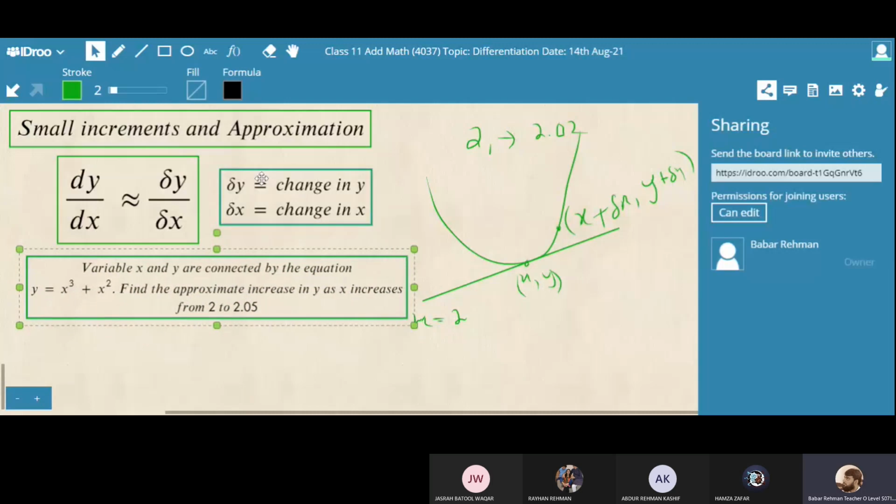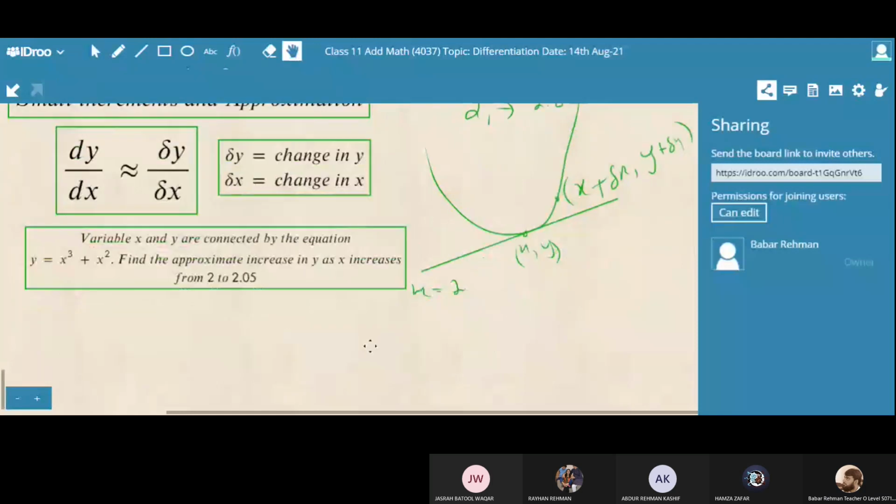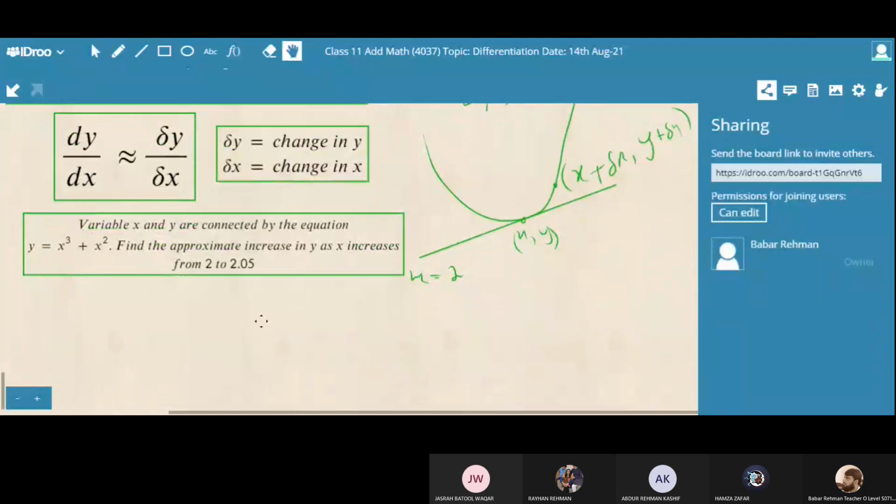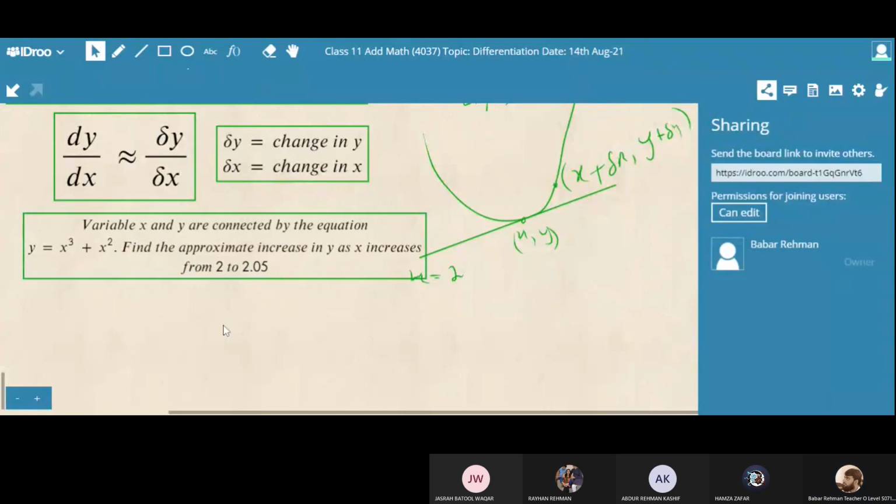Note this question. Now look at this. They are saying variables x and y are connected by the equation, this one.